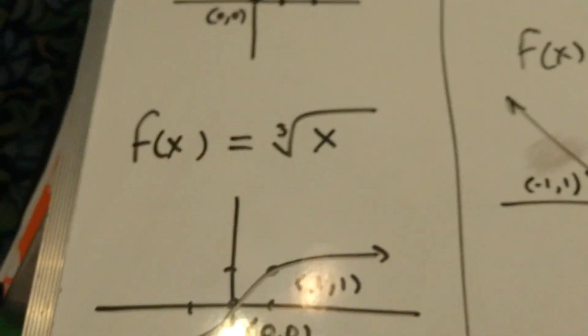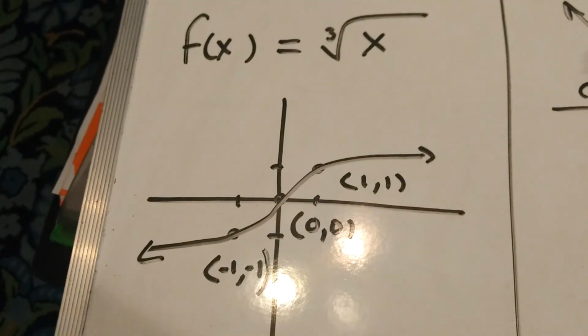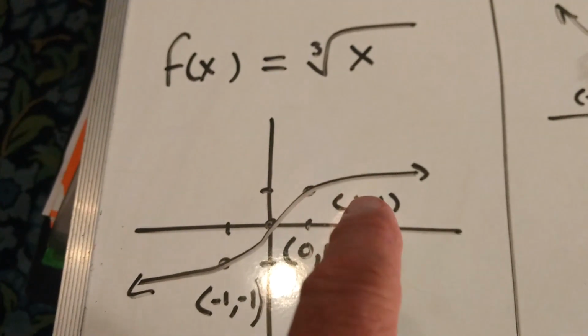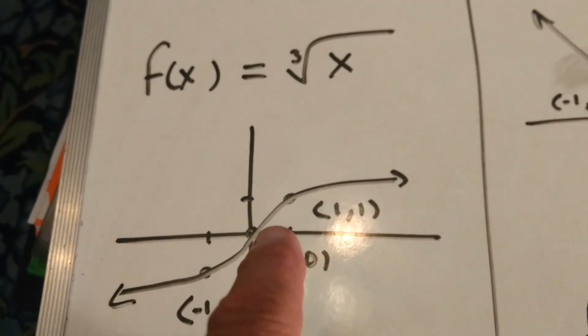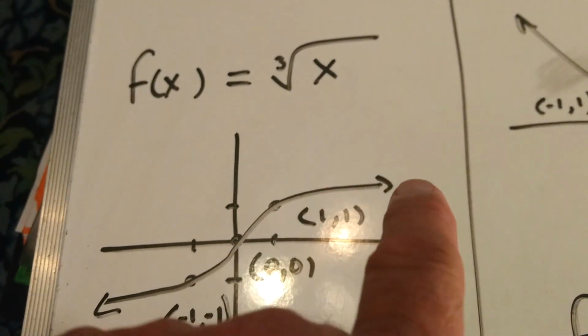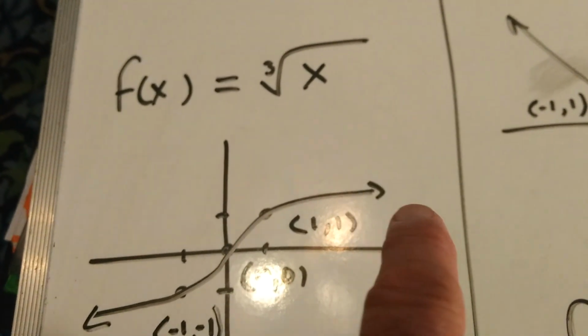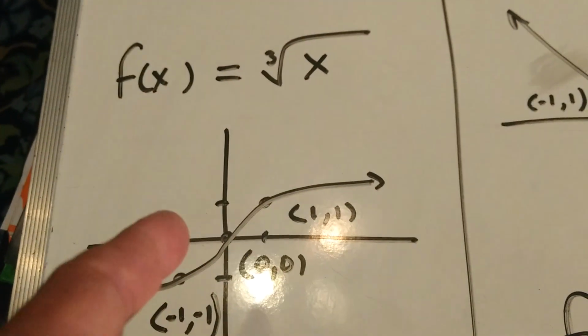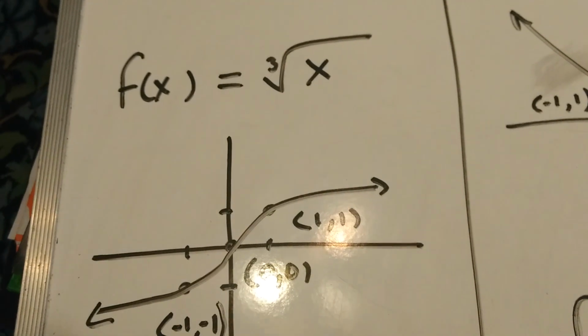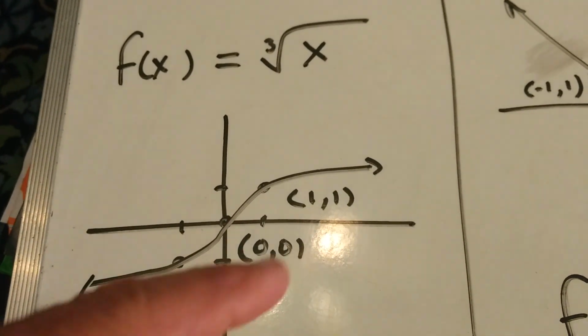Now, if we go back to the cube root graph, we can see that it's odd. The reason it's odd is because, remember when we talked about the cube root function, see how it's starting here in the first quadrant? It would flip over to the second quadrant and then flip back down to the third.